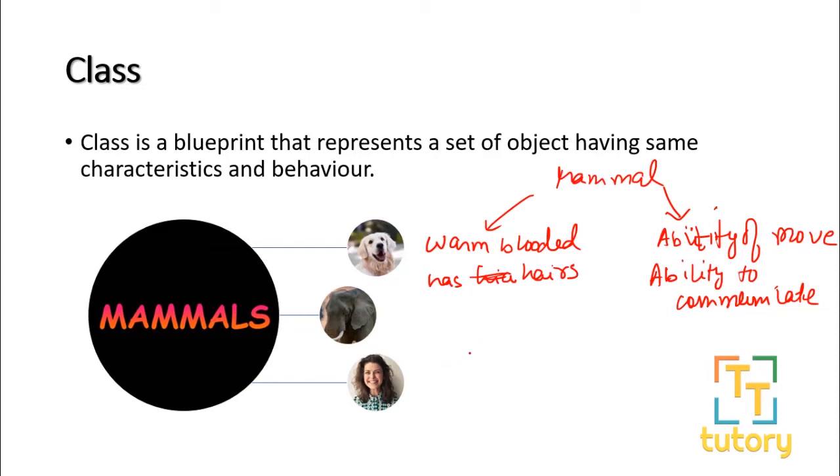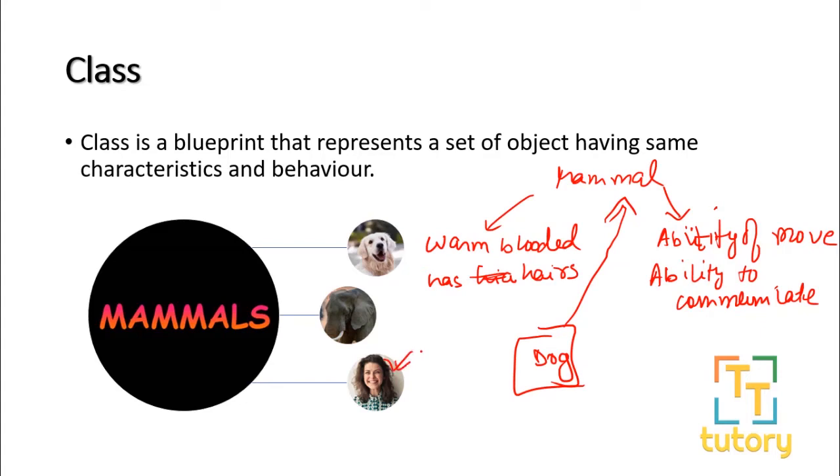So the mammal class is warm-blooded, has hairs, it can move and it is able to communicate. Now let us take an example of a dog. A dog is warm-blooded and it has hairs, right? And a dog has the ability to move and a dog can bark, so they are able to communicate with each other. So we can say that a dog is an object of the class mammal, right?